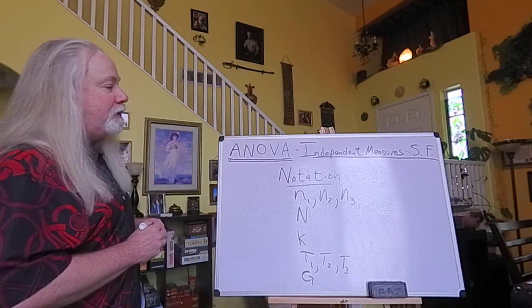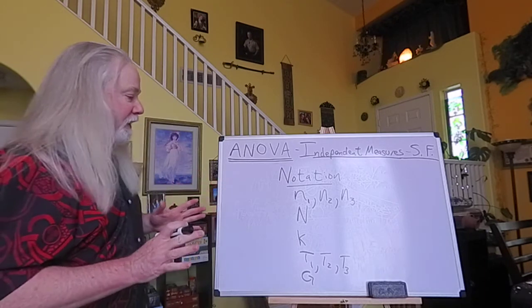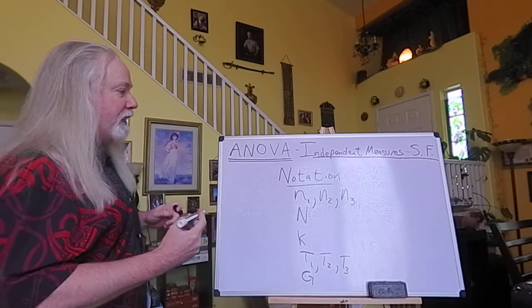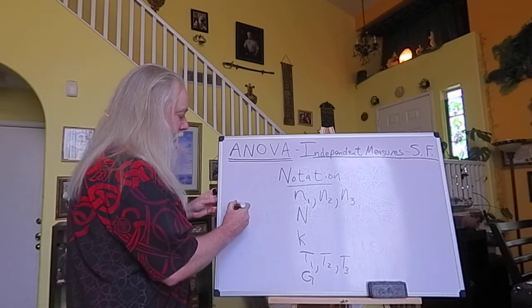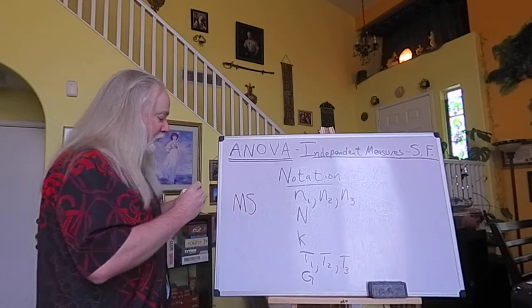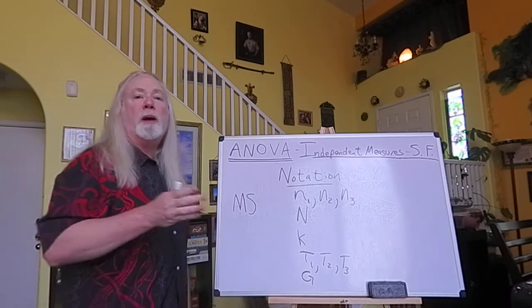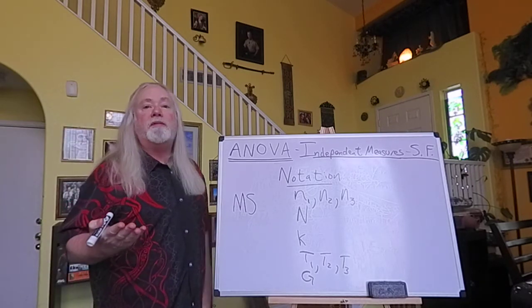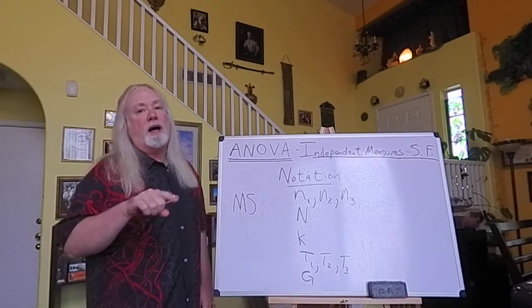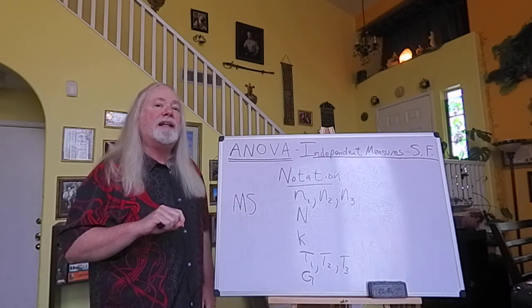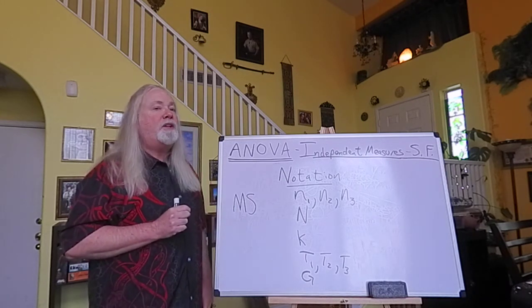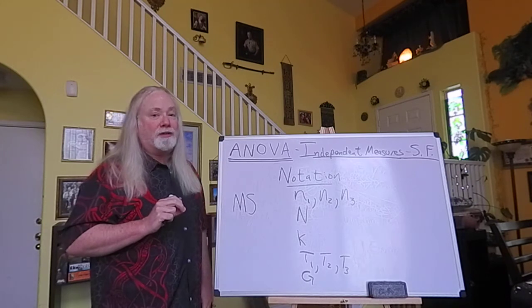Now the last new symbol that we have here is a symbol that I'll write off to the side, a little bit out of room. It's a capital MS. We have a symbol SS for sum of squares. It's a calculation we do to get variance. MS stands for mean of squares. So it's a similar idea, but it's the mean of squares. What does that in actuality mean to us?